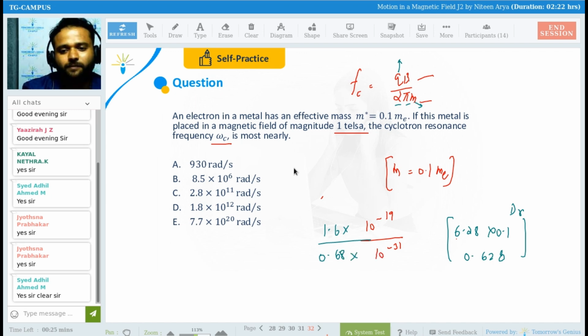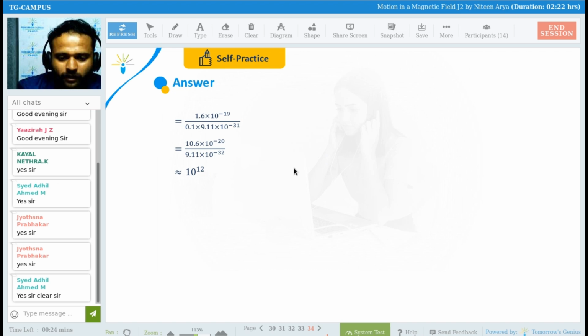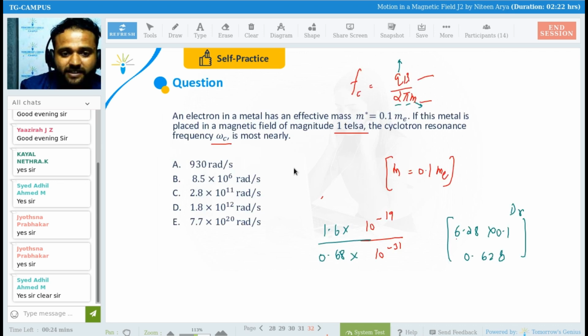So it is automatically 10 to the power 12 going to become, not 11. Clear? Because it is 0.1 me, not simple. The range you can get automatically. Okay, so in this way, the correct answer is D, not B or C.